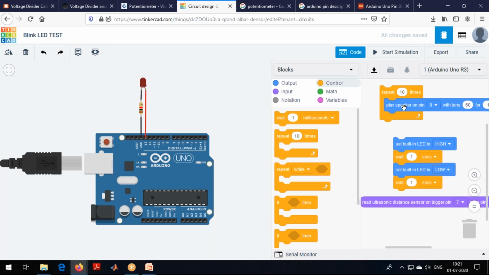Okay, I'll keep like this. So what it does is it will play speaker with tone 60 for every 1 second, and it will be repeated 10 times. Okay, I can also write another thing like repeat while or until, and we will write some condition. If that condition matches, then it keeps on repeating.